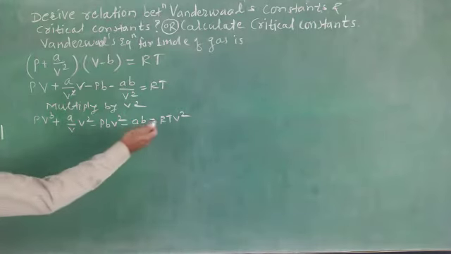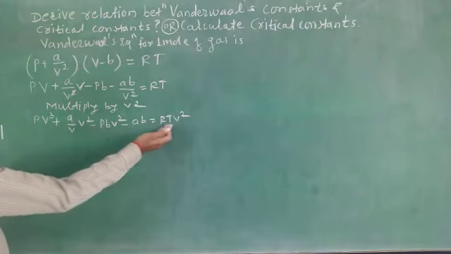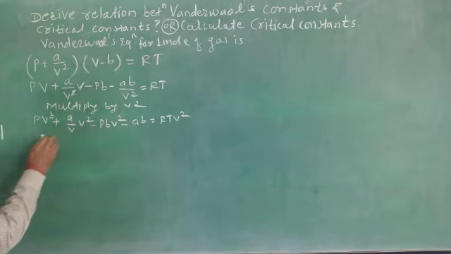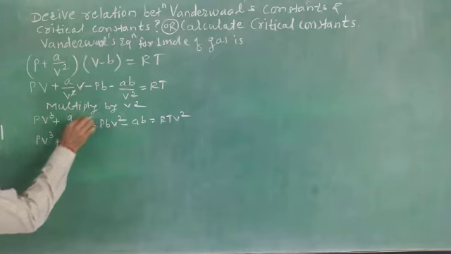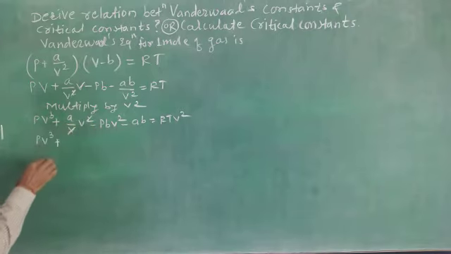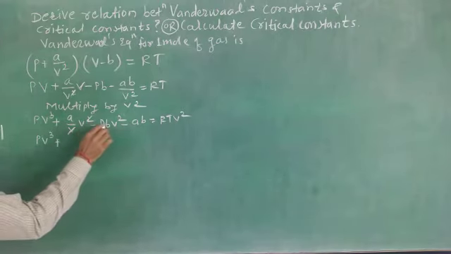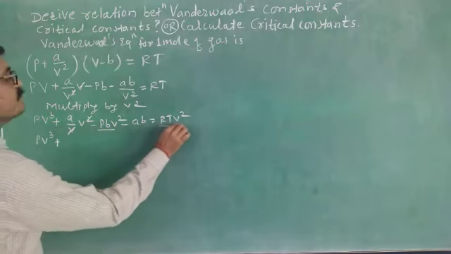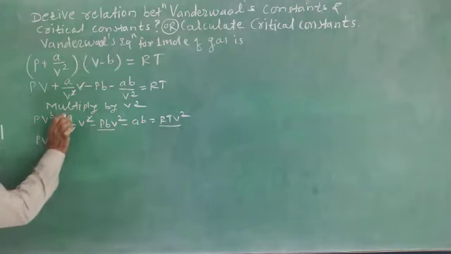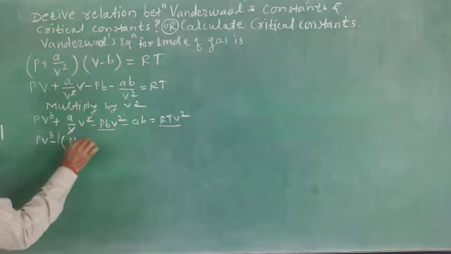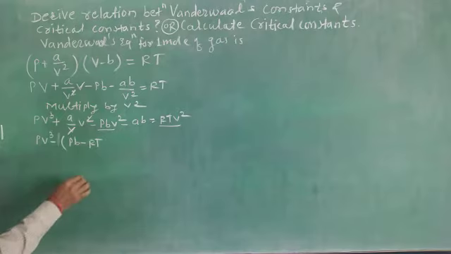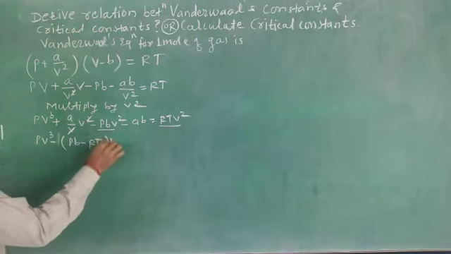Now, this right hand side term comes to the left hand side, then PV cube remains as it is, plus this one V gets cancelled with this one V. This is a V square term, this is also a V square term. That's why from these two, if we take a minus sign common, then it will be minus (Pb plus RT) into V square.